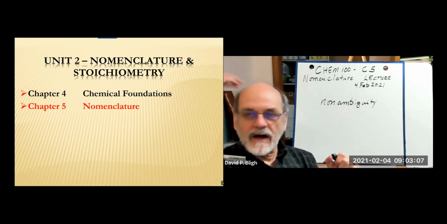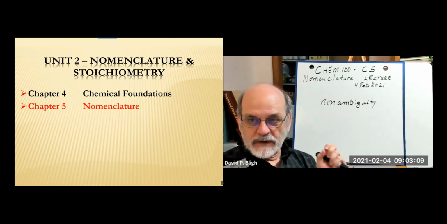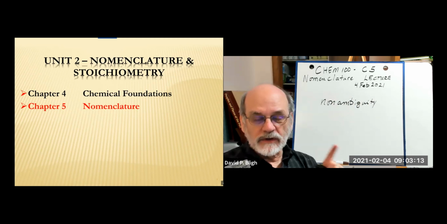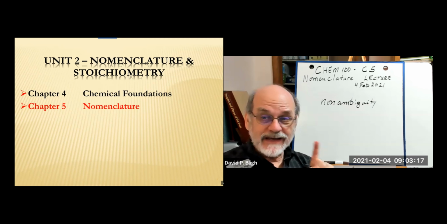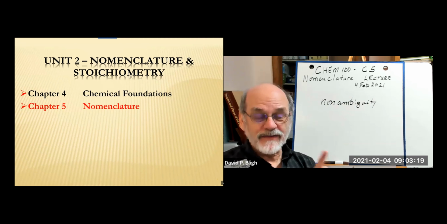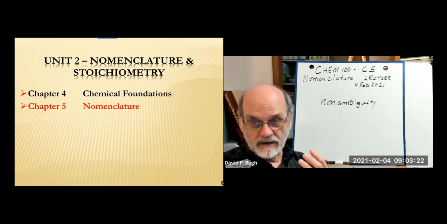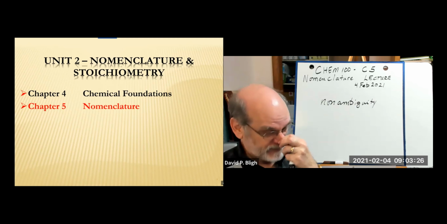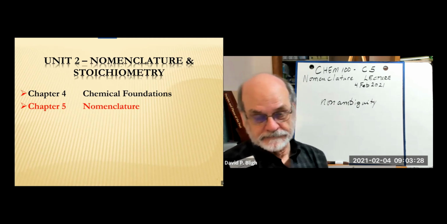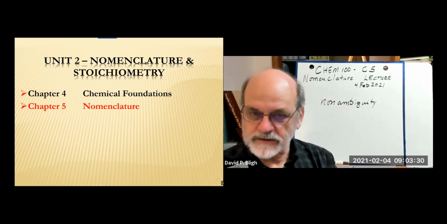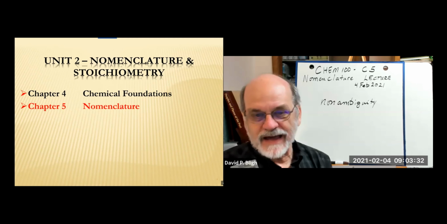Whenever we name a compound, we need to name it in such a way that that is the only name for that compound. And that if we take that name, we can only write the formula one way. There are no ifs involved. Okay, so that's what the rules are designed to do.